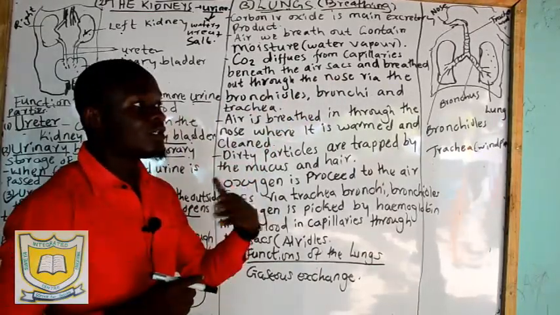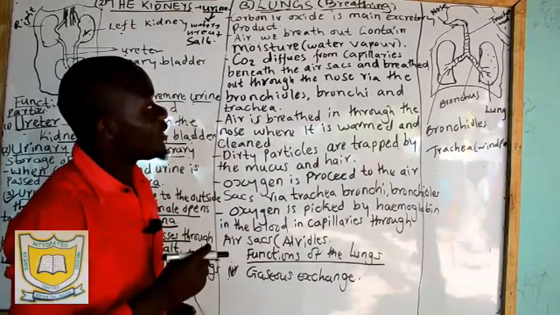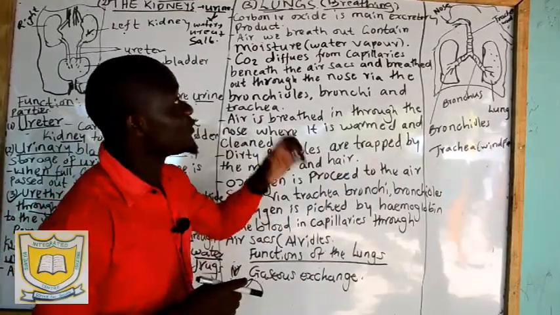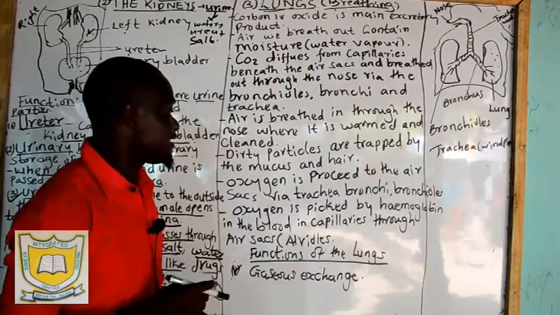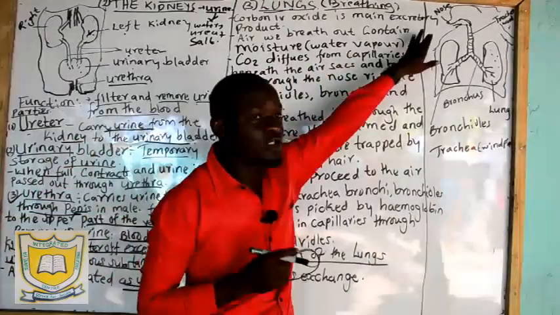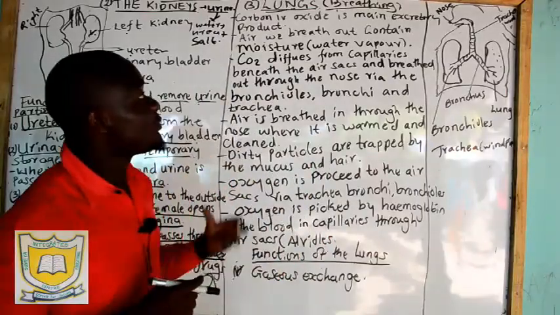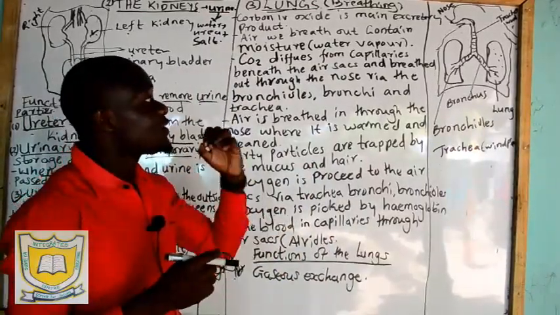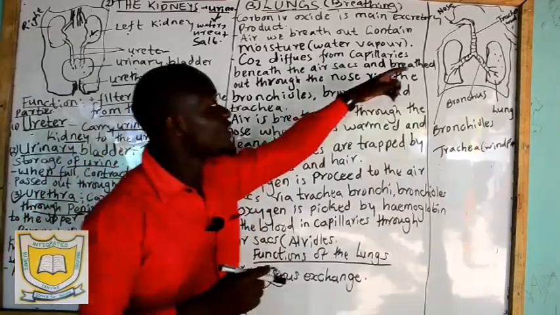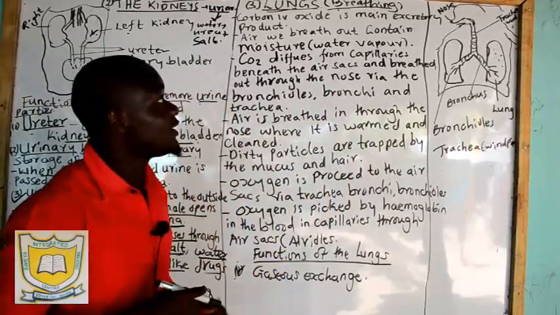When you breathe, most of the time you may be at a very dirty place, so the hair inside the nose helps to trap that dust. The other thing that helps in trapping dust is the mucus. The presence of mucus in the nose is not because it's dirty, but it helps you breathe in clean air.